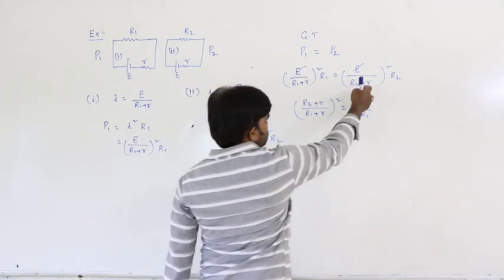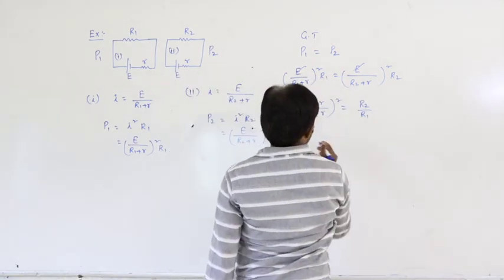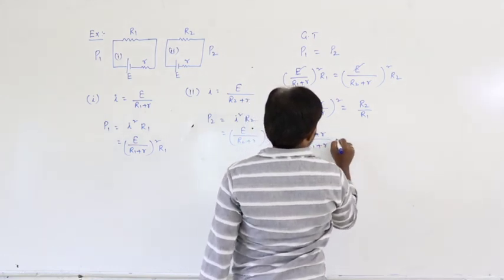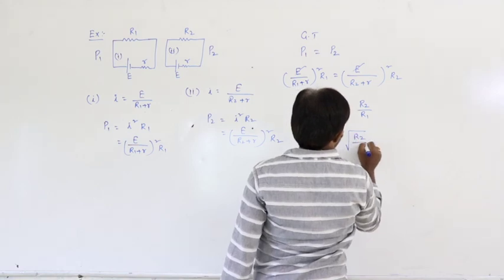R2 by R1. So this comes to this side and this comes to this side. So R2 plus r divided by R1 plus small r is equal to under root R2 by R1.